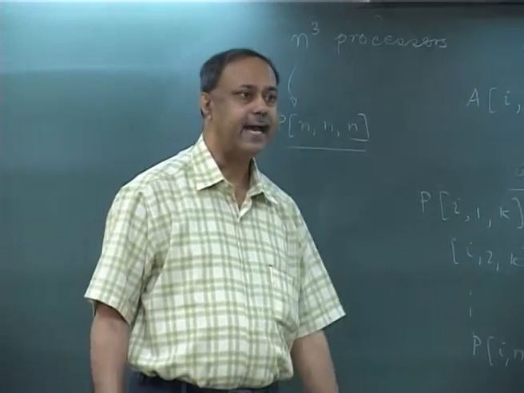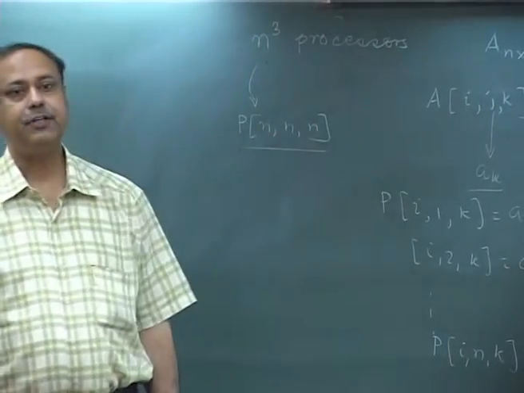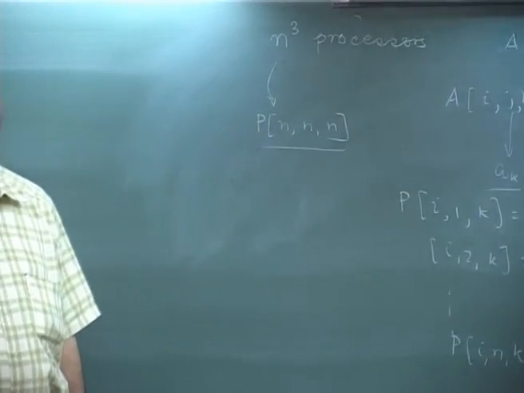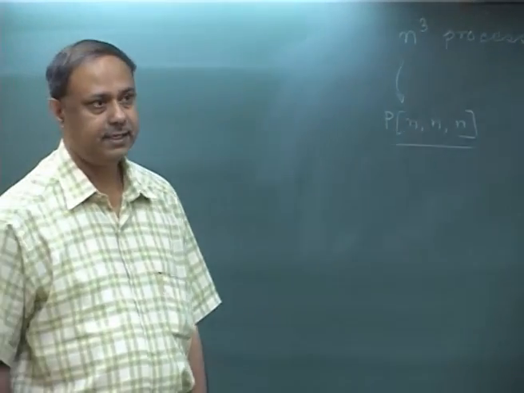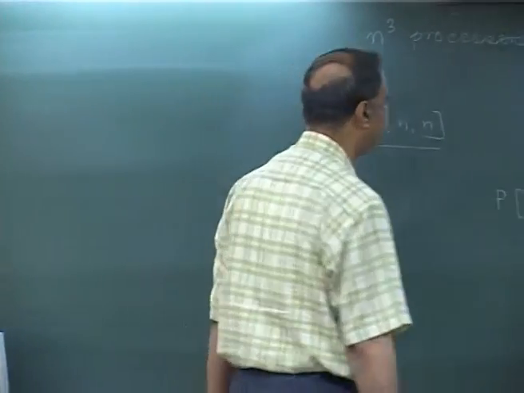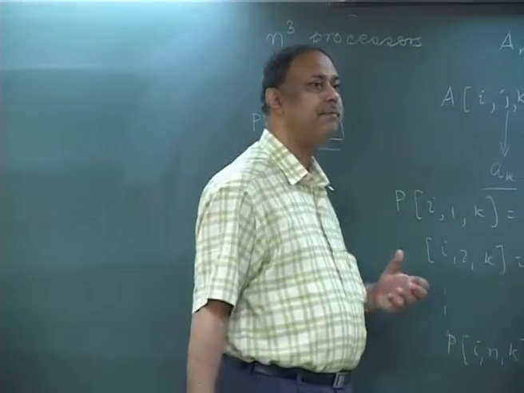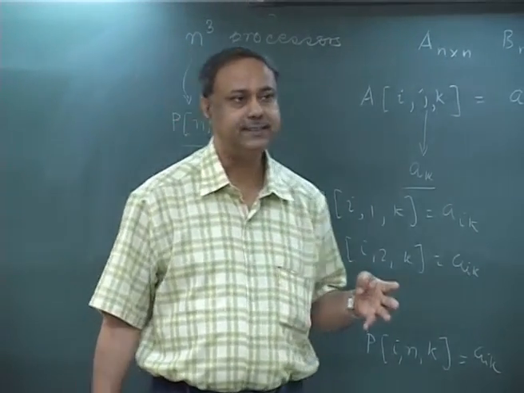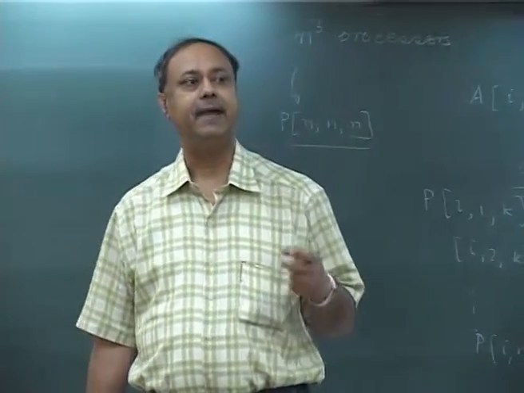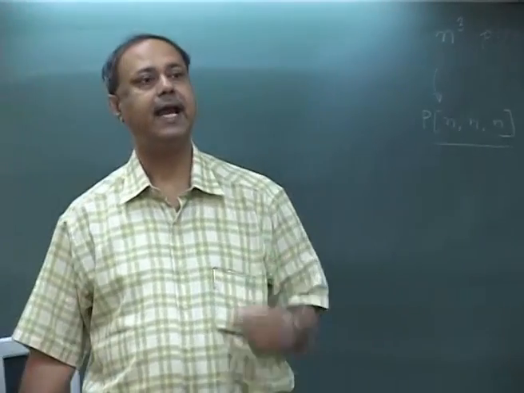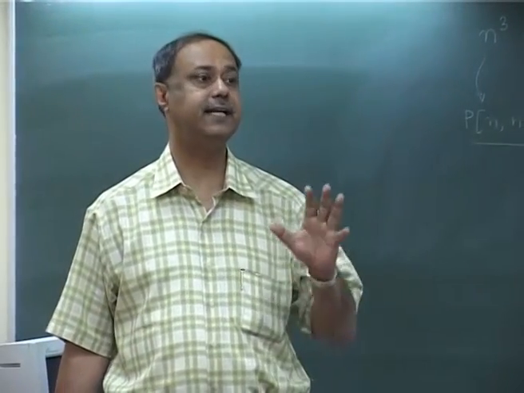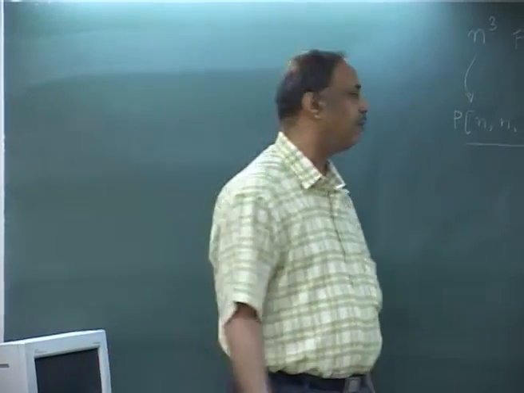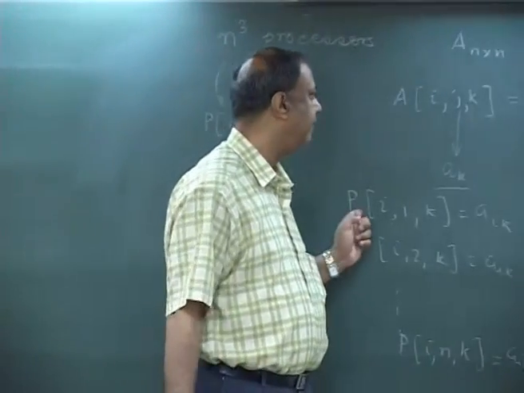Now, Aij is the ijth element of A and Bij is the ijth element of the matrix B. Now what I am defining, the processor Pijk contains the three elements Aij, Bij and Cij, which is the final element after multiplication.